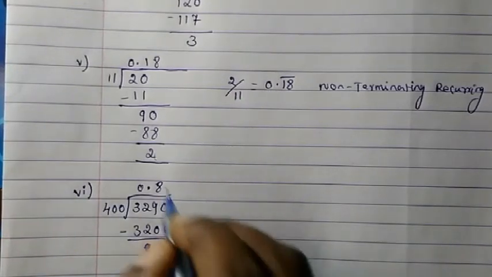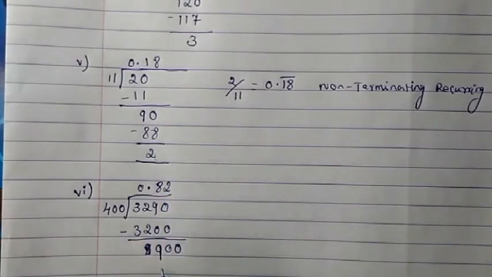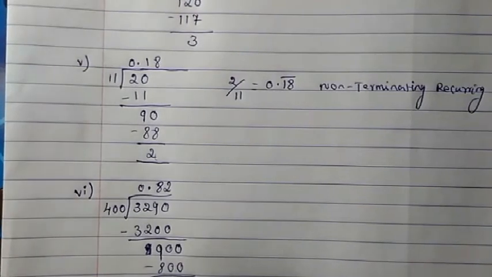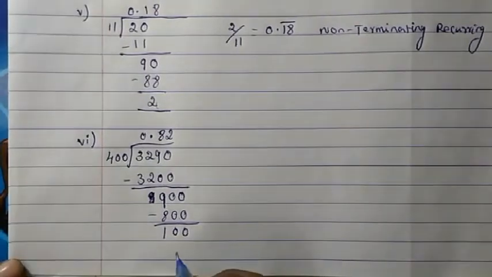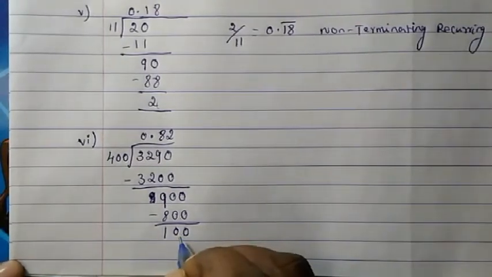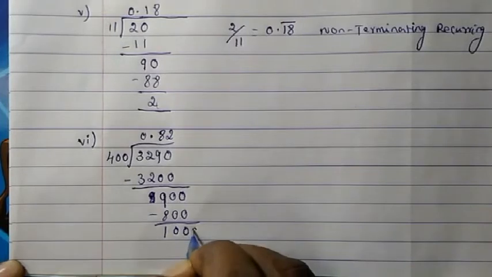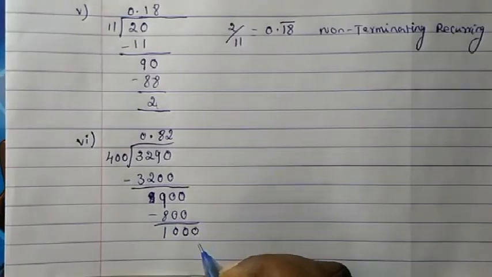So we will get 2 times 400, which is 800. Then minus, we have 100. Now 100 is a smaller number, so add one more 0.